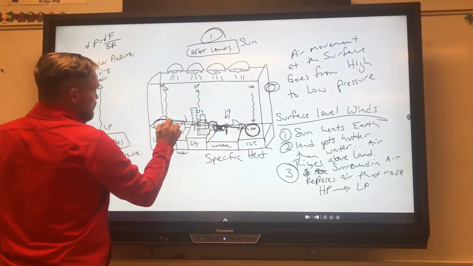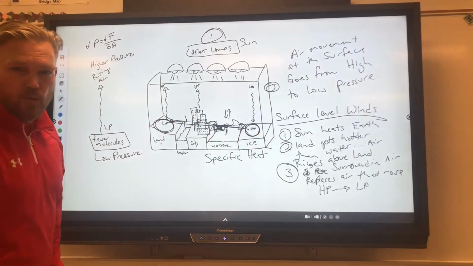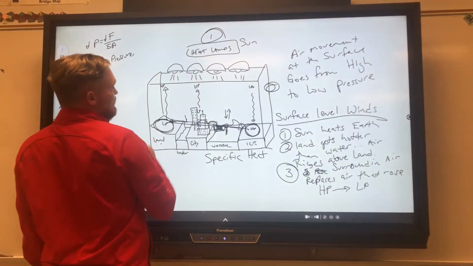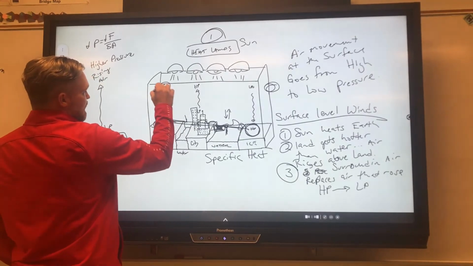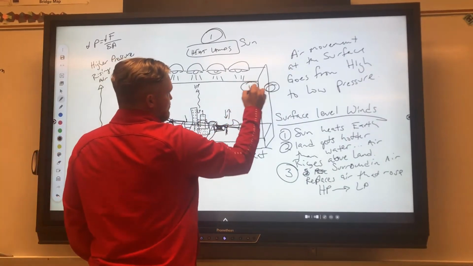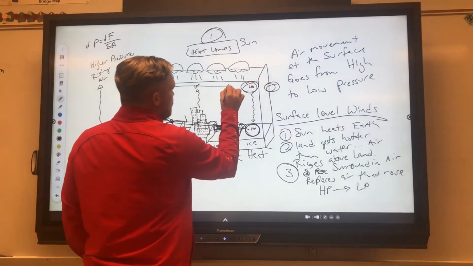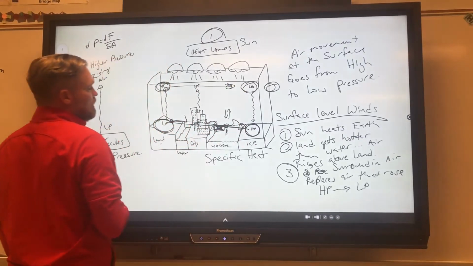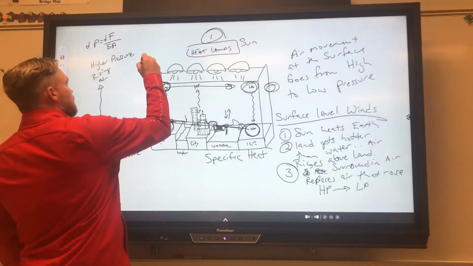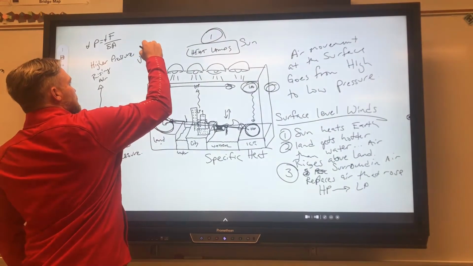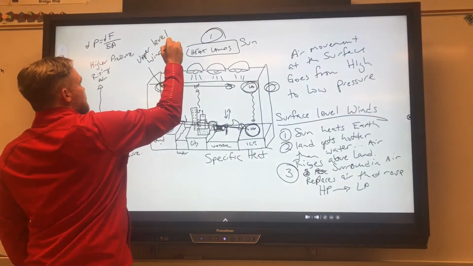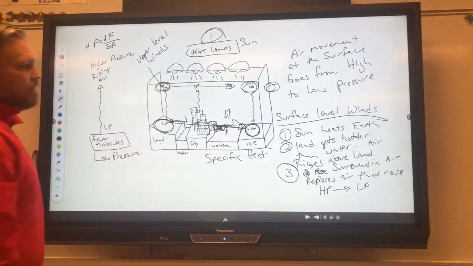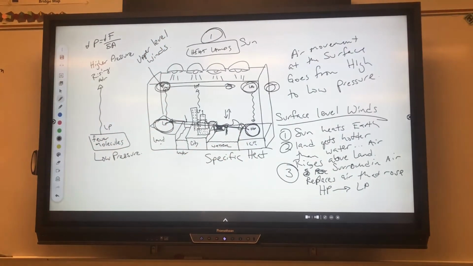We will also end up with upper level winds. These would be rising winds and sinking winds, right? But then across the top, we have high pressure here, we have low pressure here. So the overall flow in this box would go across the top. This would be our upper level wind, and it is doing the exact same thing that our surface level winds were doing, so we don't really need to talk too much about those.